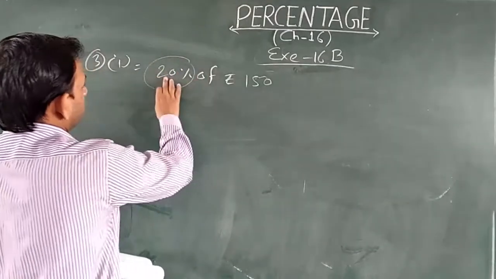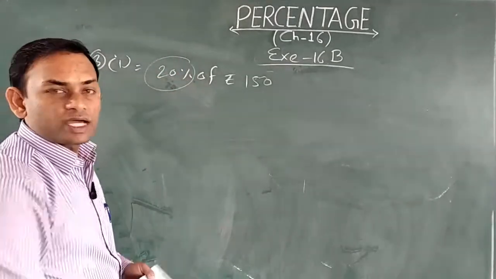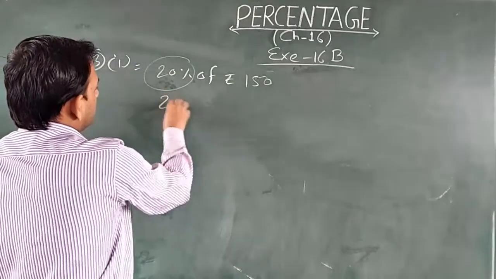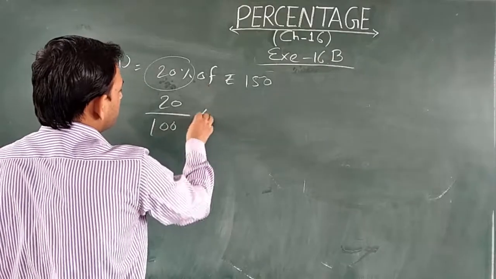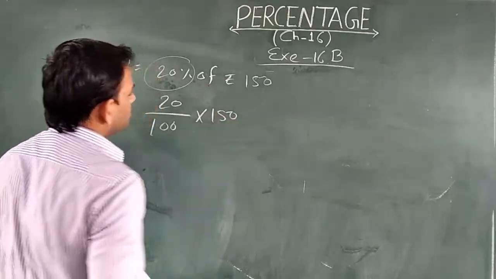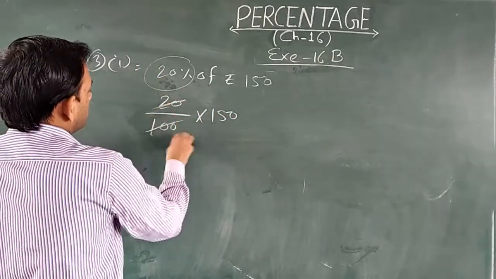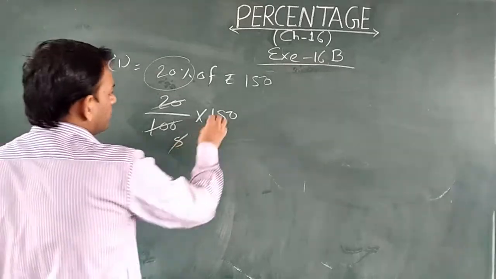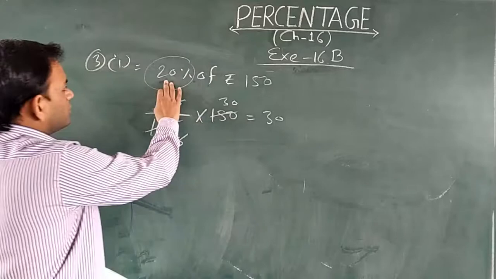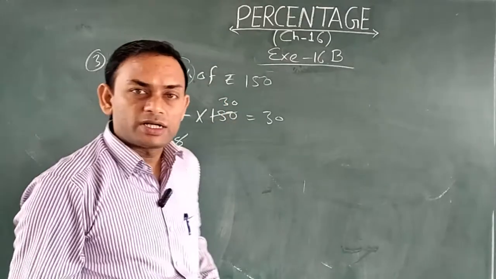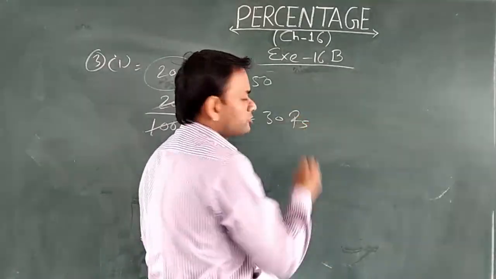So 20%, I told you how we can write it: when you remove the percentage sign, you will write 100 as the denominator. Of means multiplication, and 150 will remain the same. 5 fives are 25, and 5 threes are 30. Means 20% of 150 rupees is 30 rupees. The answer will come in rupees.